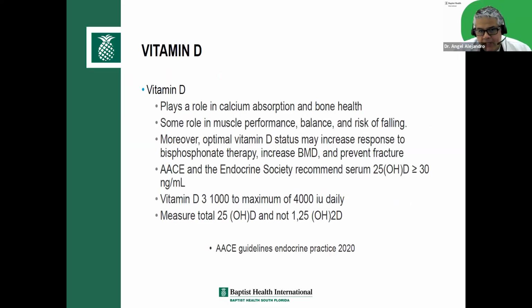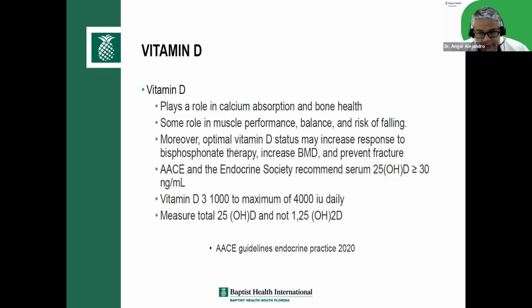Vitamin D is important. It's not typically found in our diet, so I always recommend that patients take at least 2,000 international units a day. The actual recommendation is 1,000 to 4,000 units, but 2,000 is just, to me, the perfect number. When you check a vitamin D level, it has to be greater than 30. Now, how high is too high?